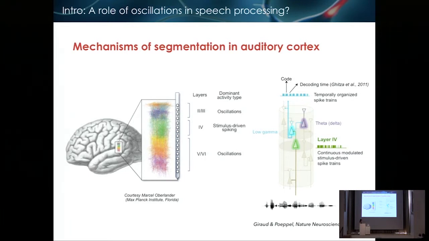At the time, we thought that we have to conceptualize these theta and gamma oscillations that are involved in bottom-up speech processing as some machinery that is localized in superficial layers, and so the signal enters layer 4 and then is somehow processed in superficial layers and goes out of it in a more structured way. And especially with alternation of coding periods and some more latent or silent periods that are important for decoding. And Oded's work actually informs us a lot about the importance of that decoding time.